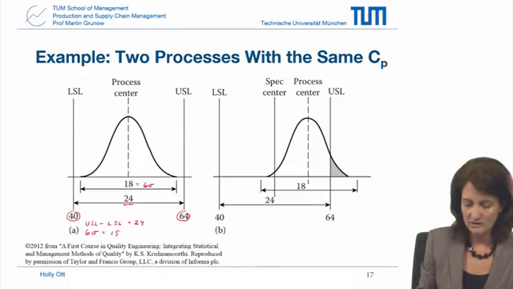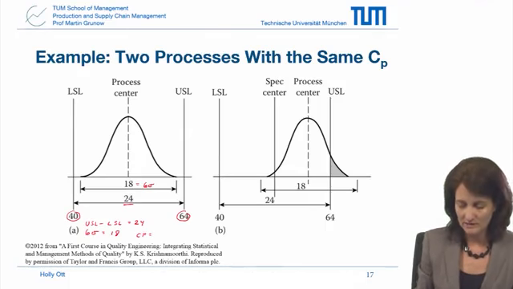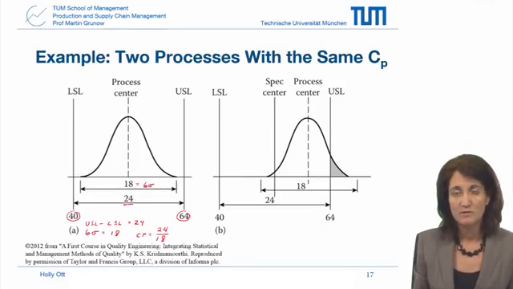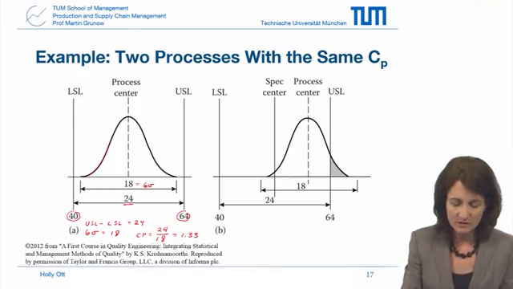Overall, 6 sigma equals 18. So the CP is the upper spec limit minus the lower spec limit over 6 sigma. It's 24 over 18. This gives us a CP of 1.33, which is greater than 1, which means that all of our distribution here is contained within the spec limits. We even have a little extra.